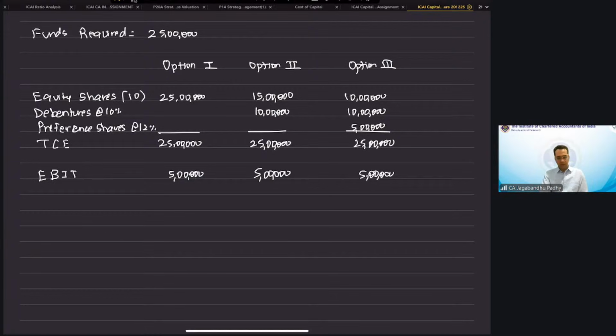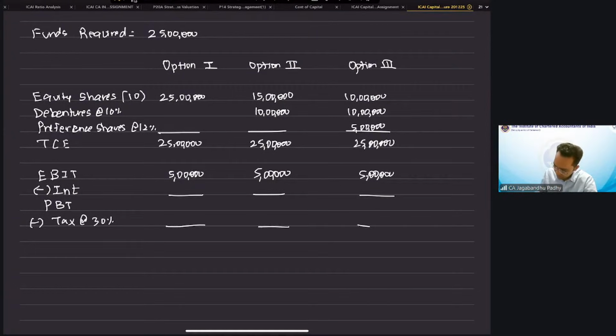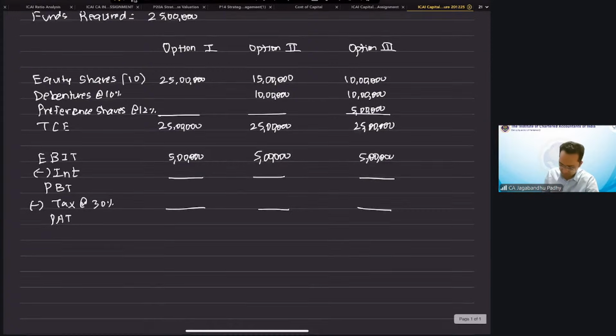So with this EBIT of 5 lakh, we want to know which of these plans is best. So first we will subtract interest, which will give us PBT. Then we will subtract the tax. Let's say tax is at the rate of 30%. And then we get the figure of profit after tax.